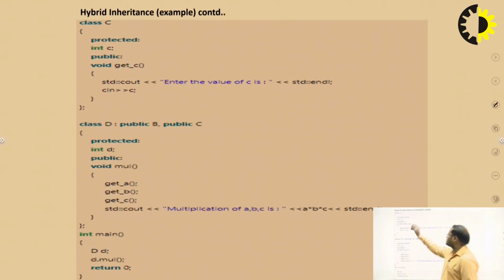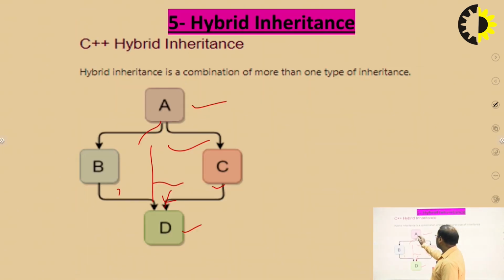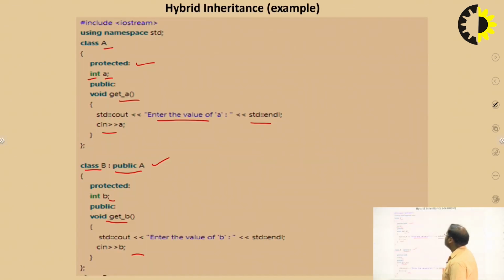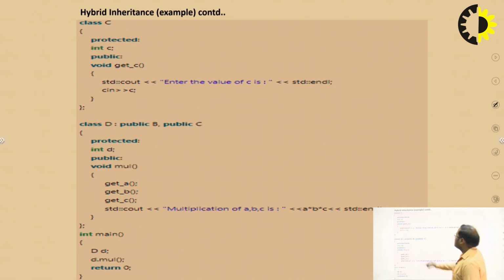Now class C. I already defined A and B, now I am going to define C. Integer c is the data member, along with a member function. Here in the body of the member function I am taking the input from the user.